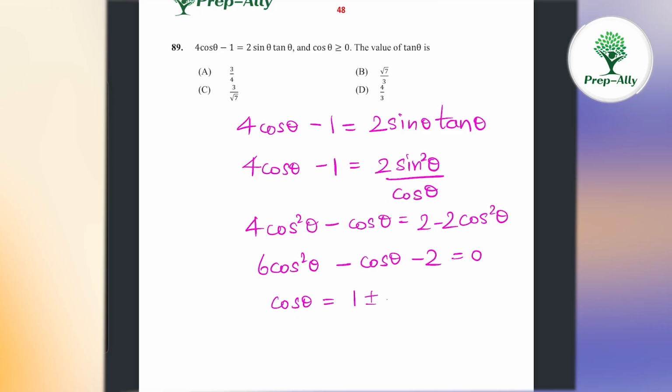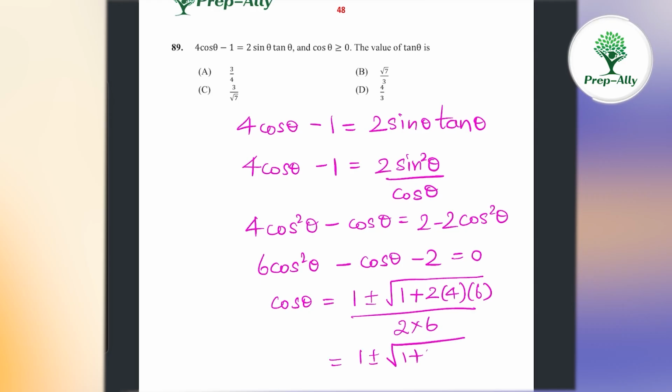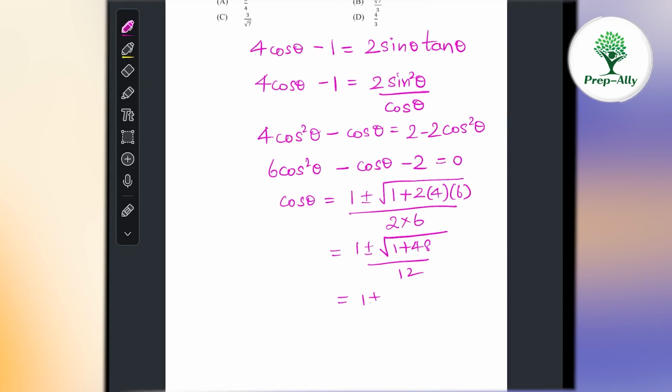1 plus or minus the square root of 1 minus, minus 2 times 4 times 6, divided by 2 times 6, which equals 1 plus or minus the square root of 1 plus 48 by 12, which is equal to 1 plus or minus 7 by 12.